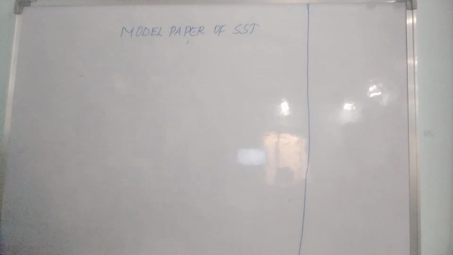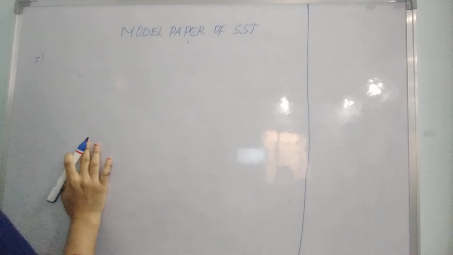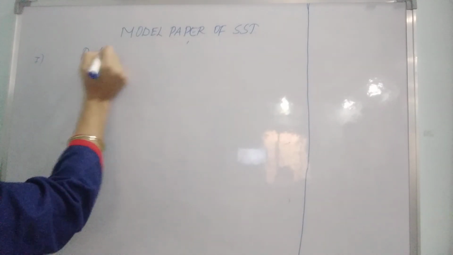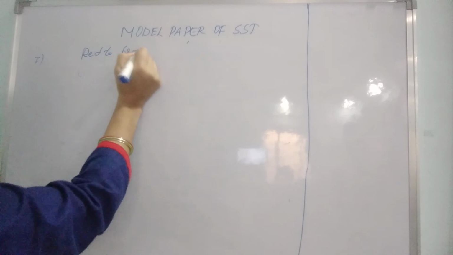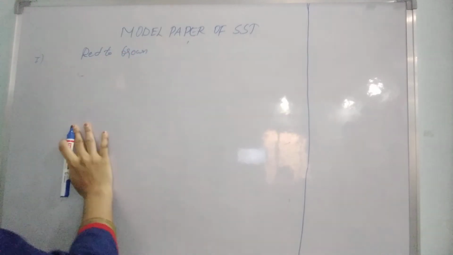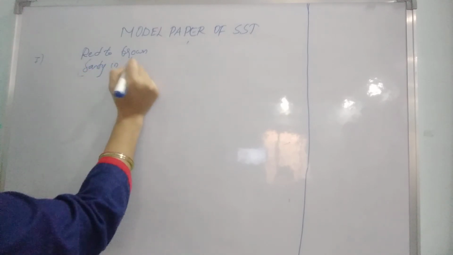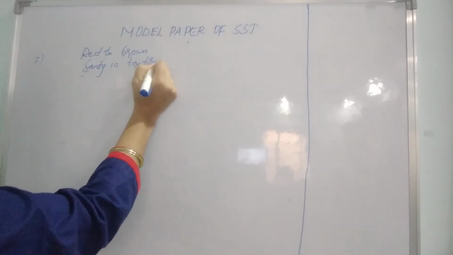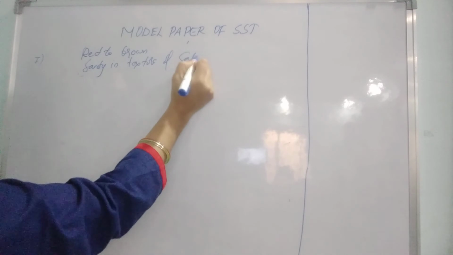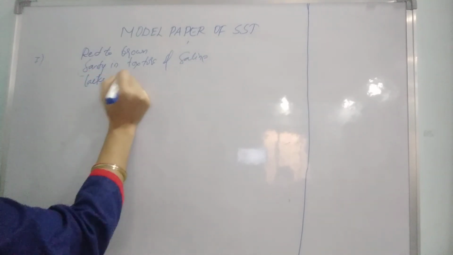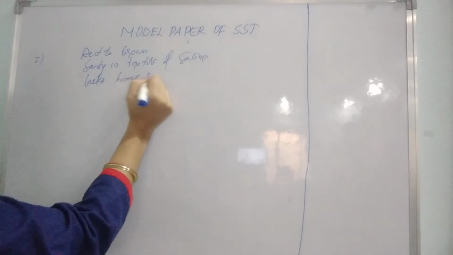And seventh question is, identify the soil with the help of the following features. The features are red to brown in color, sandy in texture, saline in nature, and lacks humus and moisture.